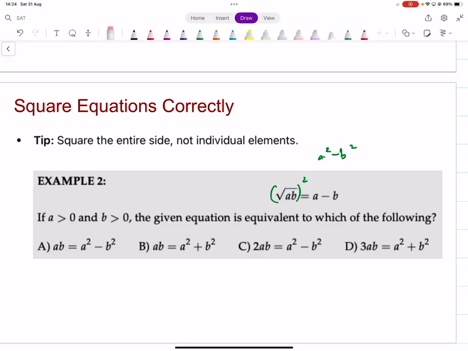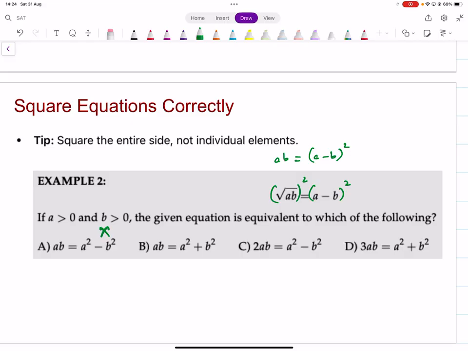So in this case, rather than doing A square minus B square, it's going to be A minus B whole squared. Right? That whole thing is going to be squared like this. Make sense? Can you see any of those options there? You have AB equal to A minus B whole squared. Not right now. It's clearly not the first one. We eliminated that option, right?